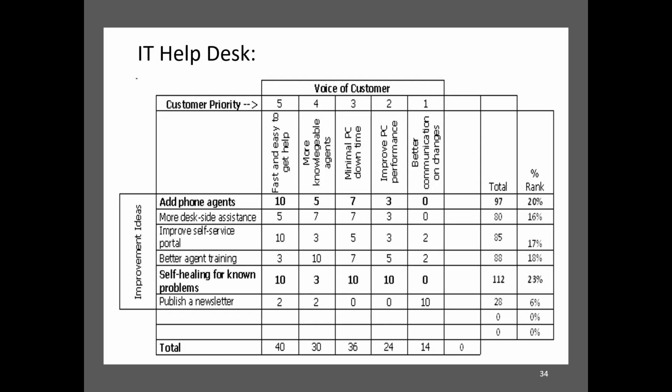And the idea is that you multiply them all together, add them all together. In this case, 10, 15, whatever, 97, you get the ranking. And you could see that self-healing for known problems would be one thing that we'd attack and try to control the process. Maybe add phone agents and better agent training. Anyway, that's the idea of the XY diagram.